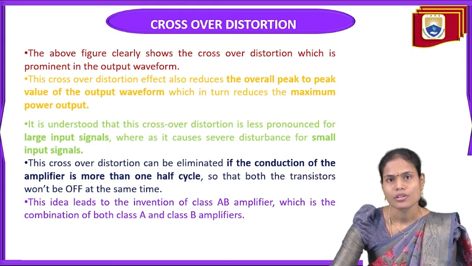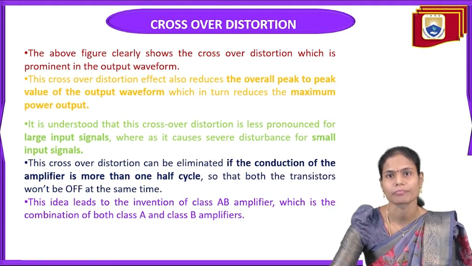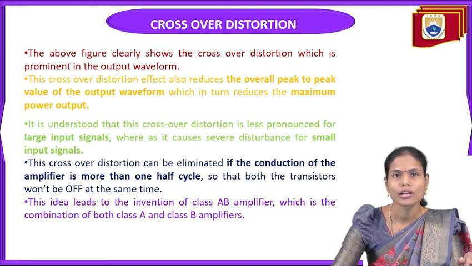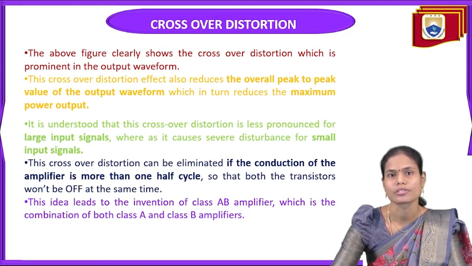Because of this crossover distortion, the overall peak to peak value of the output voltage decreases. Why? Because there are gaps in the waveforms. Because of that, the overall peak to peak voltage value reduces, which means the output power will also reduce.